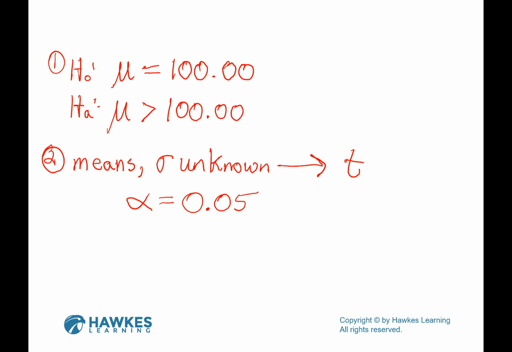We're ready to do our formula and get our test statistic. In our formula, we already know mu, it's going to be 100. We need x bar, the sample mean, s, the sample standard deviation, and n, the sample size.